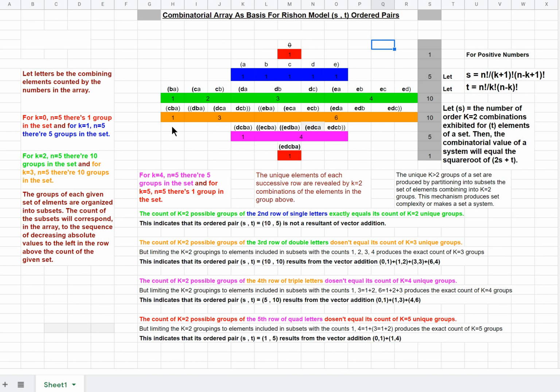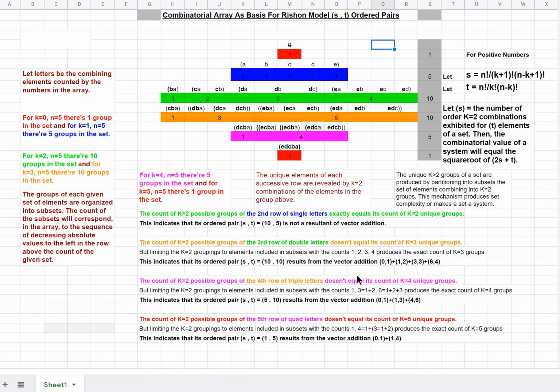And we see it's partitioned into a group with 1 element, a group with 3 elements, and a group with 6 elements, equaling 10. And then these groups are further divided, as we can see here. We have 1, and then in this 3 we have 1 and 2 subgroups, and then in this 6 we have 1, 2, and 3 subgroups.